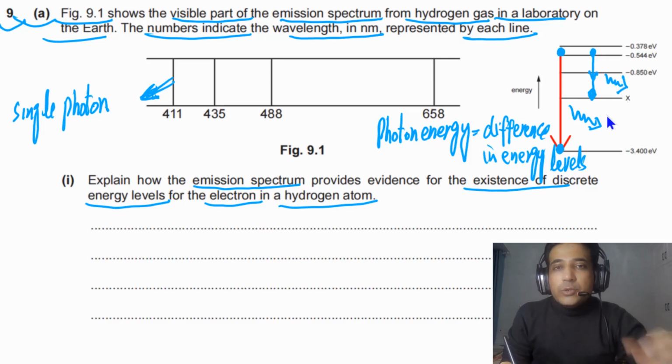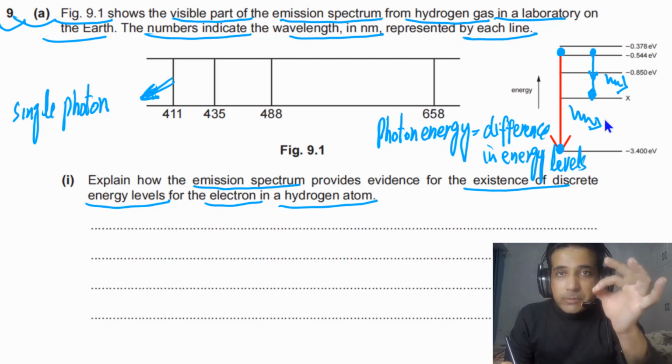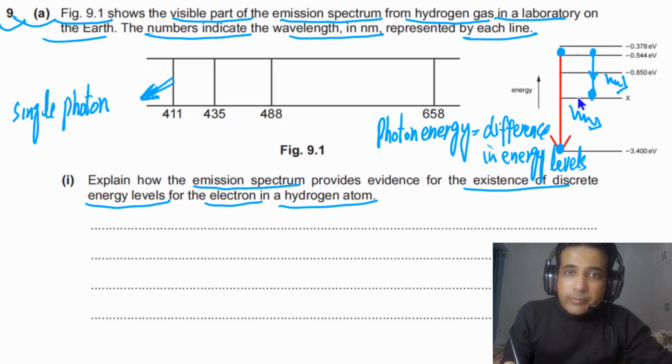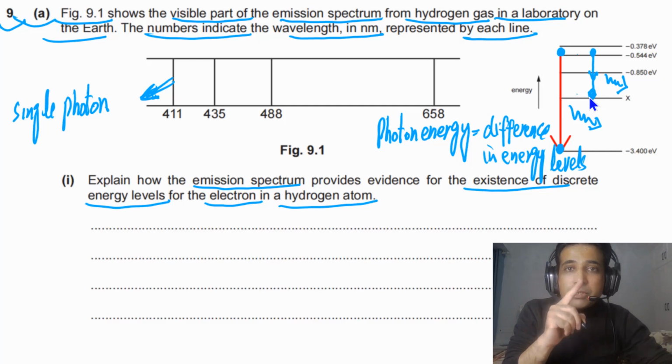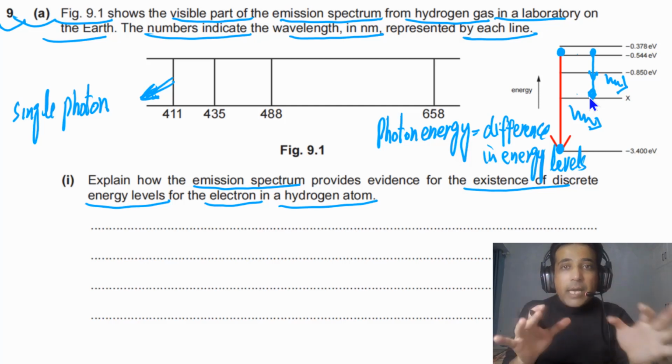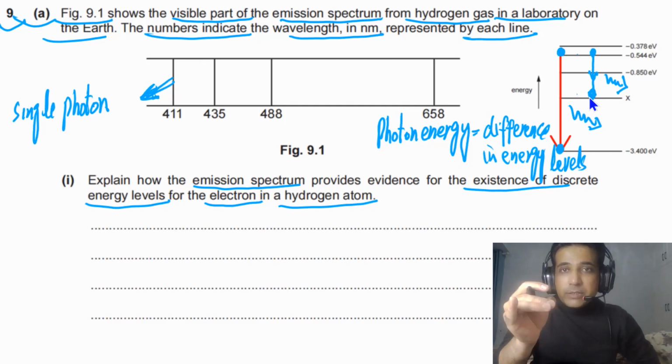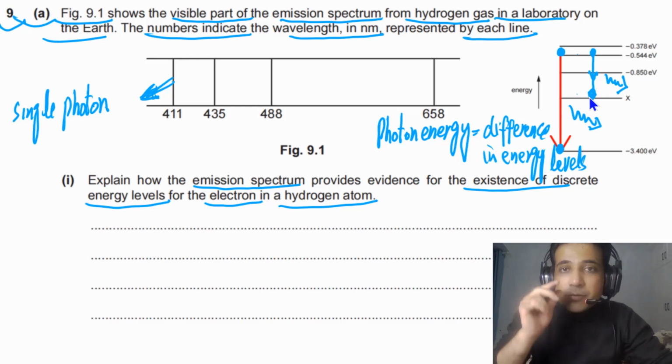Every time an electron jumps from a higher energy level to a lower energy level, it emits only a single photon in one jump. If the electron jumps from here to here, then here to here, it will emit 2 photons. But if it jumps directly from here to here, it will only emit 1 photon. Whenever an electron jumps from one energy level to another in one jump, it always emits a single photon.